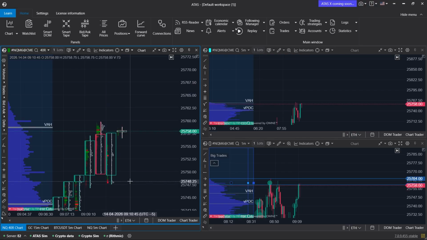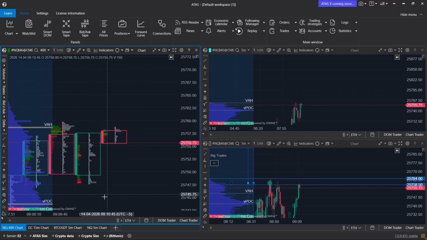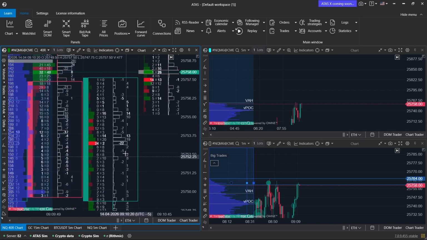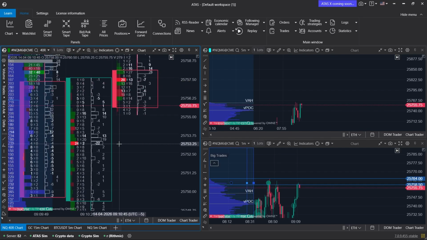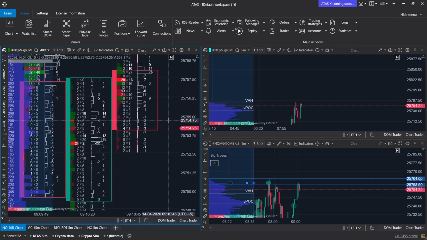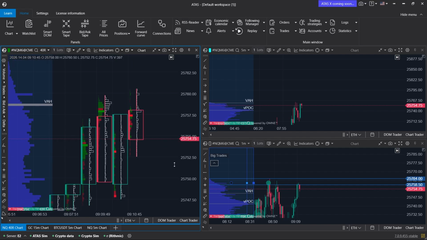So if it breaks past this and rejects from these imbalances, that would be too good. If it rejects from this imbalance, then I'll surely move my stop to break even, which it is doing currently.